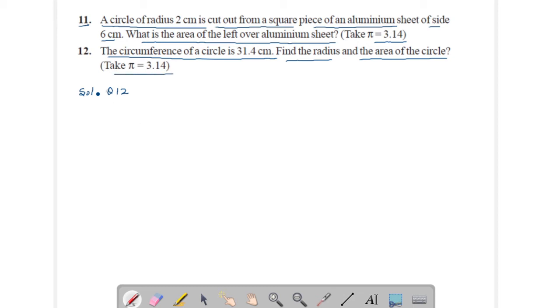See the solution of question number 12. Here circumference of a circle equal to 31.4 centimeter.